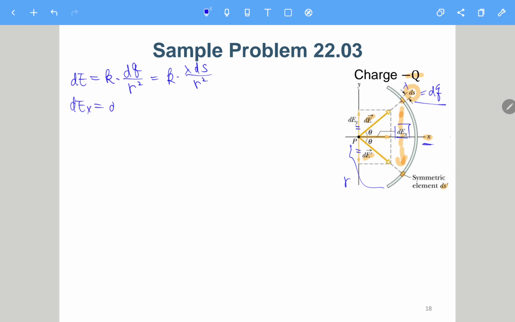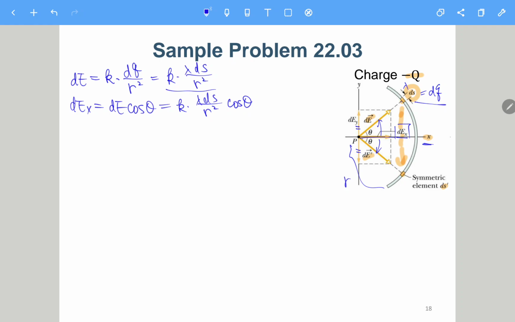So dEx will be dE cosine theta. This theta starts from the x-axis to the dE, so this is the adjacent side, and that's why we use cosine theta. So dEx is k times lambda ds over r squared, times cosine theta.